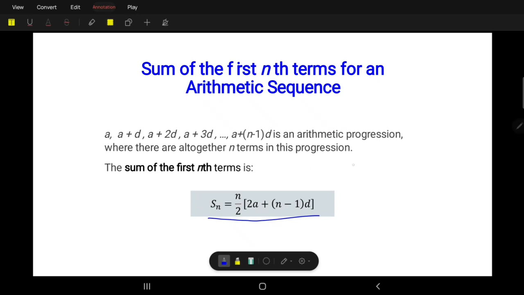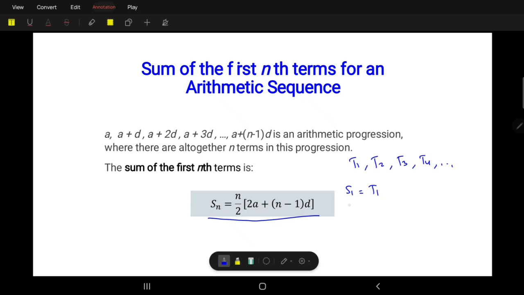So let's say we have term 1, term 2, term 3, term 4 and so on. If we want to find S1, S1 is equal to T1. The sum for the first term, S1, is equal to T1.